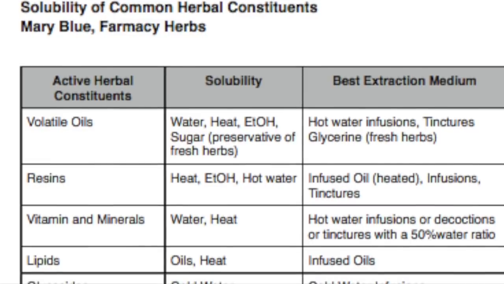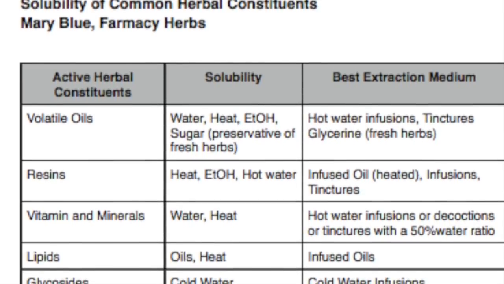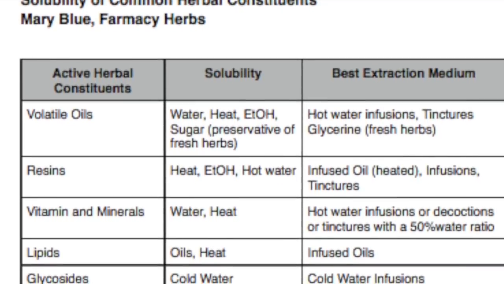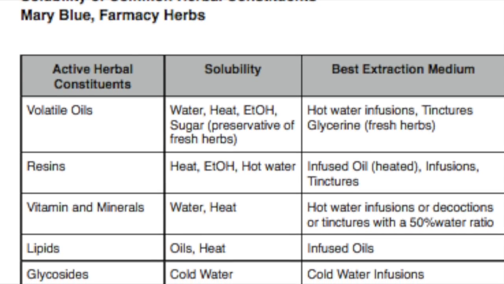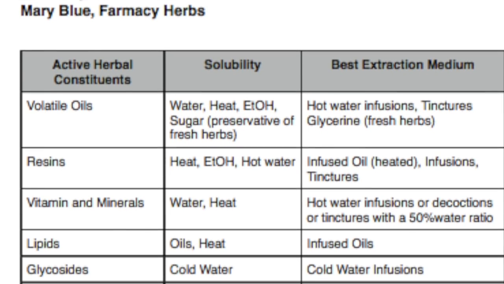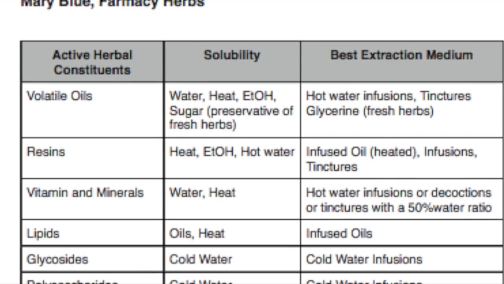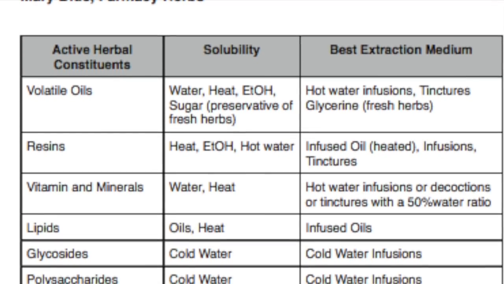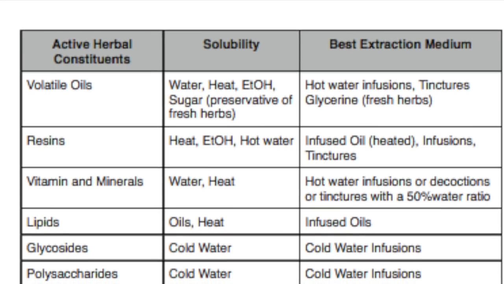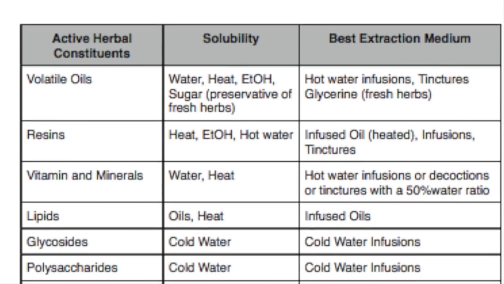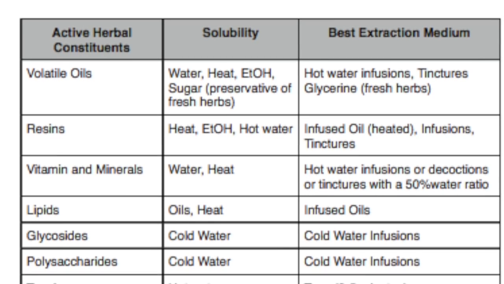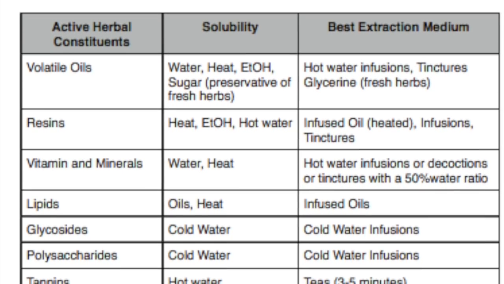There are a few that actually have cold water listed as the best method. And generally we're going to find that our chemical constituent called a polysaccharide or a glycoside, both meaning they have sugars in them, that the cold water is best used to extract these sugars. They basically bind up the sugars, making them available in our water.